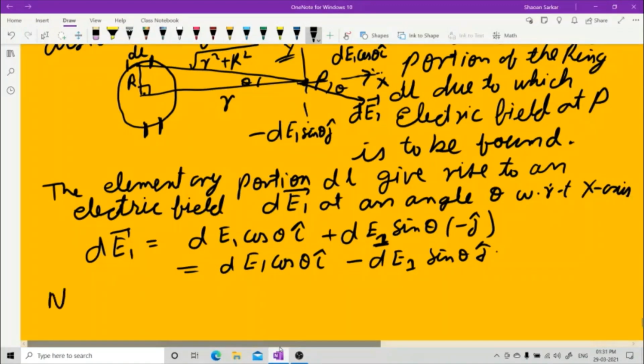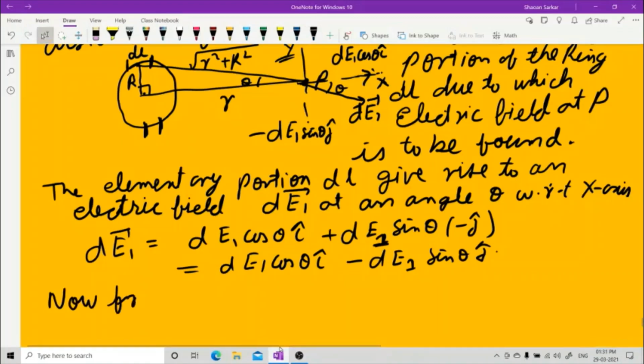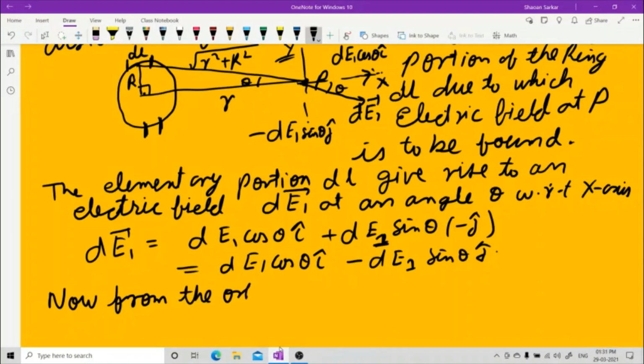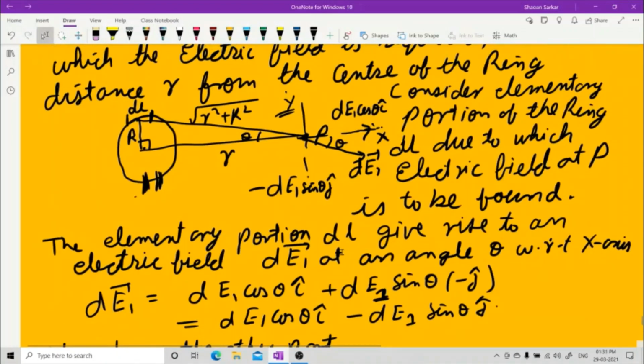Now, from the other part, this part I'm talking about, let me draw it properly here. Let me take a different color.